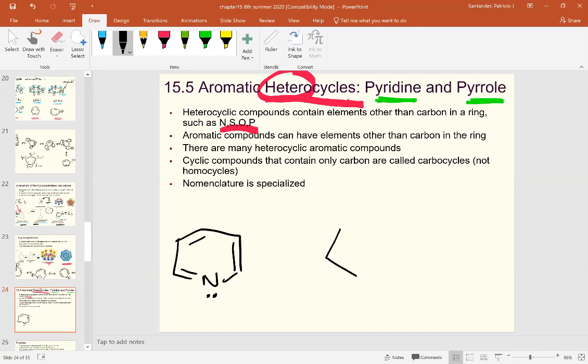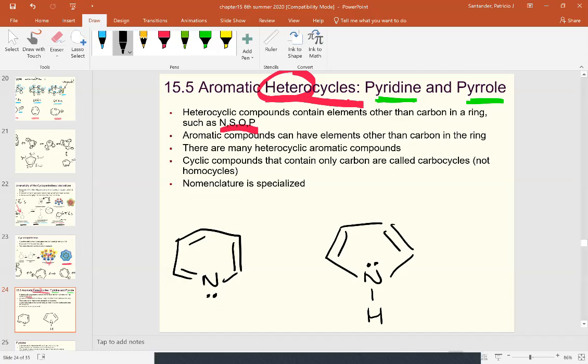And then the other one that we will see in detail is pyrrole. Pyrrole looks like this. The nitrogen has a lone pair of electrons and a hydrogen atom attached to it. And we have 2 carbon-carbon double bonds. So in the next mini video, we will examine this in greater detail.